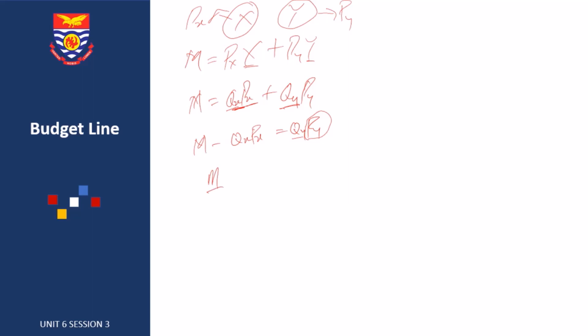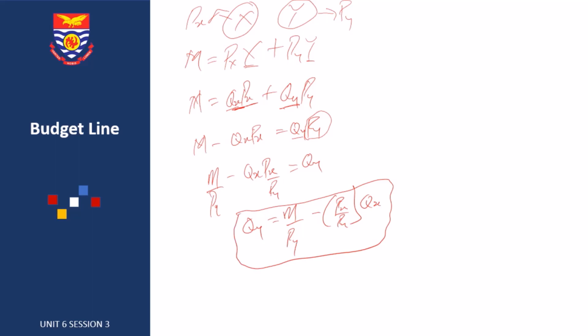So we're going to have M divided by PY minus QX PX divided by PY equal to QY. We can write this as QY is equal to M over PY minus PX over PY QX as our equation for, say, the budget line.